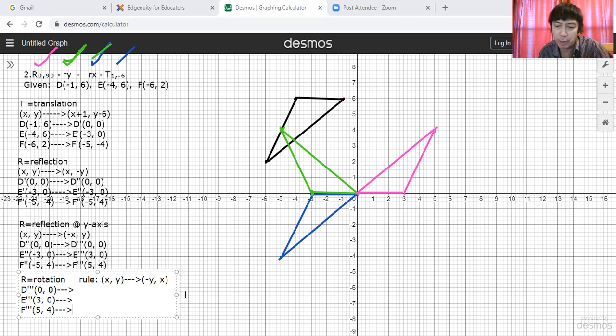All right, we're now doing the d quadruple prime. Let's follow the rule. Interchanging the 0 0 will just be 0 0 again, so this will still be 0 0. And then we have the e quadruple prime. We exchange it, 3 0 becomes 0 3.